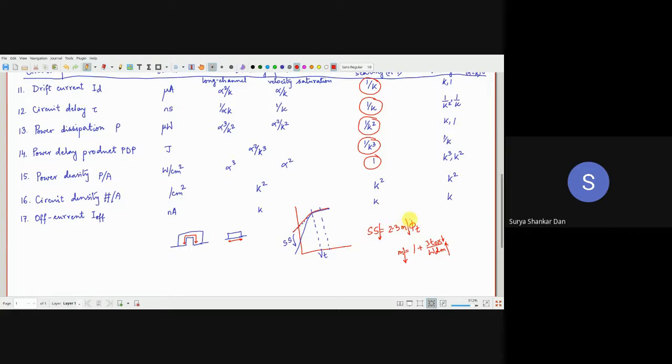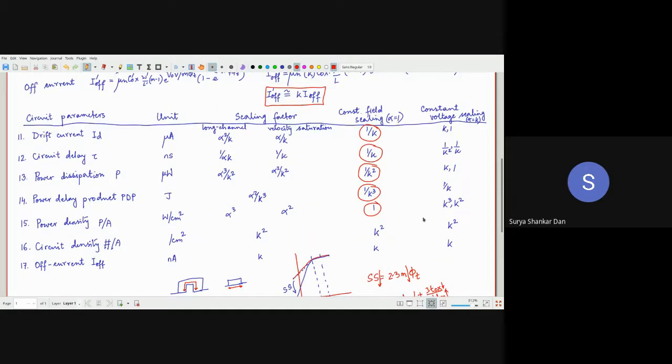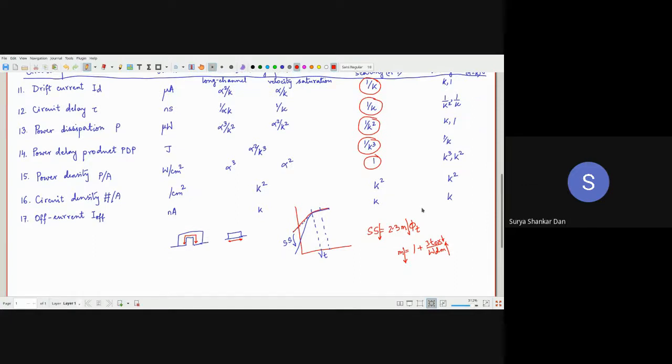But small m you have to work on. So small m कैसे कम कर सकते हो? TOX you can reduce. I mean, it will always reduce anyway. Remember, TOX is part of the general scaling theory. Then how are you going to increase WDM, so that small m reduces, so that subthreshold slope reduces, so that you get lower off current? तो WDM कैसे बढ़ा सकते हो?